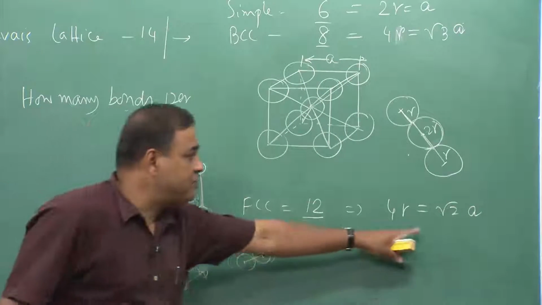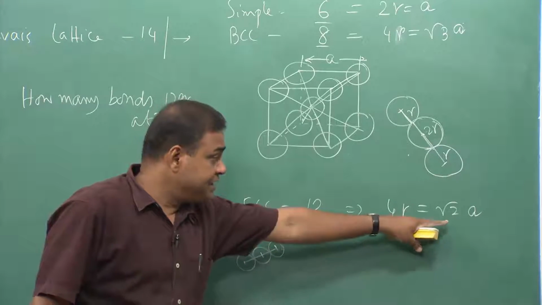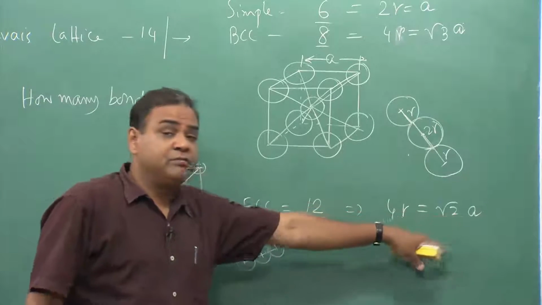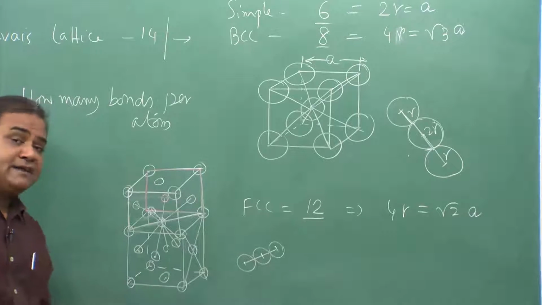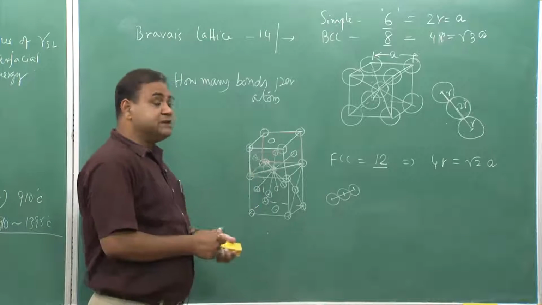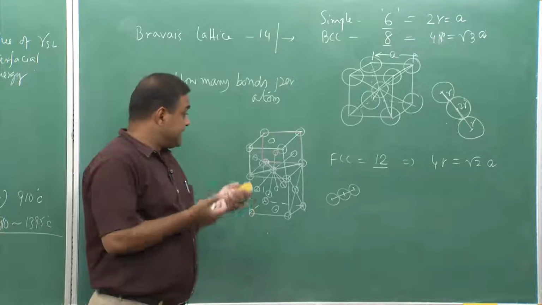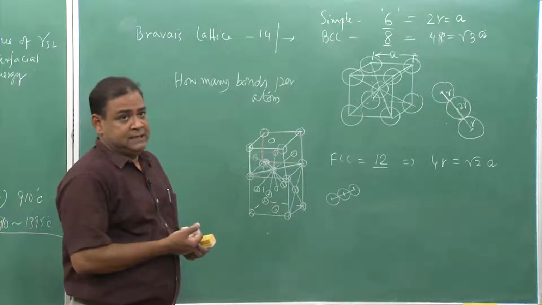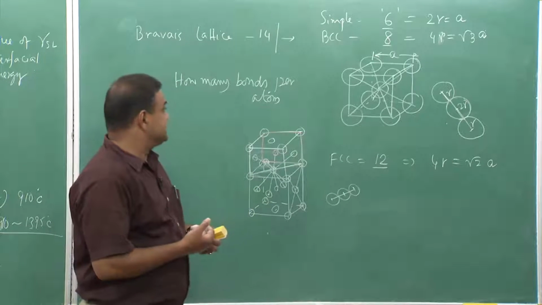This is another important piece of information, because we need it in order to calculate many other factors for those solids, like density. We can get the value of the theoretical density.